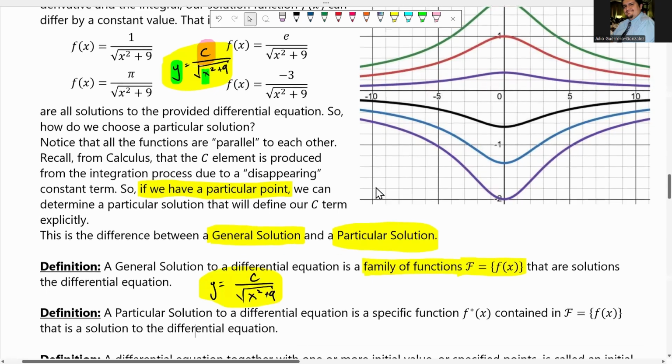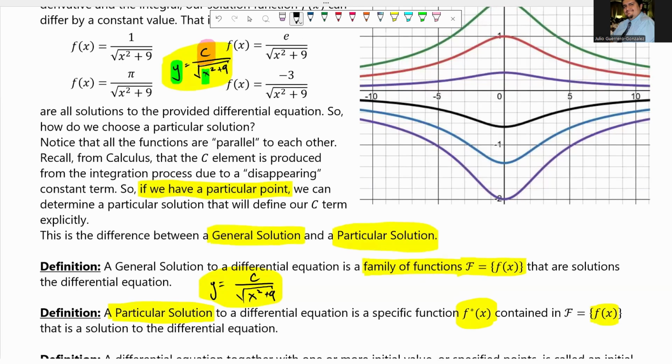A particular solution to a differential equation is one specific function, an f star, that's in here. It's one particular function that's in here that is a solution to the differential equation.